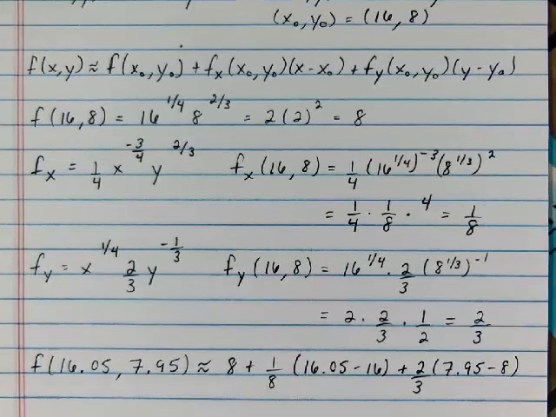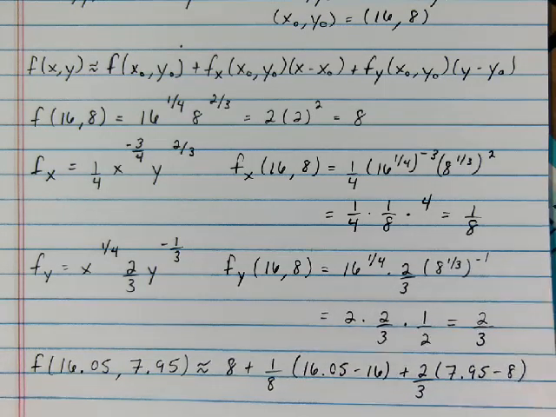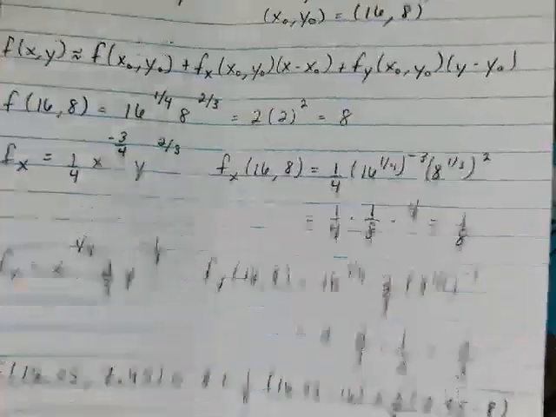All right, so next let's look at number 24. Number 24 says, suppose a gas station has an underground tank in the shape of a rectangular parallelepiped that measures 10 feet by 8 feet by 6 feet, with error of at most 0.005 feet in each measurement.